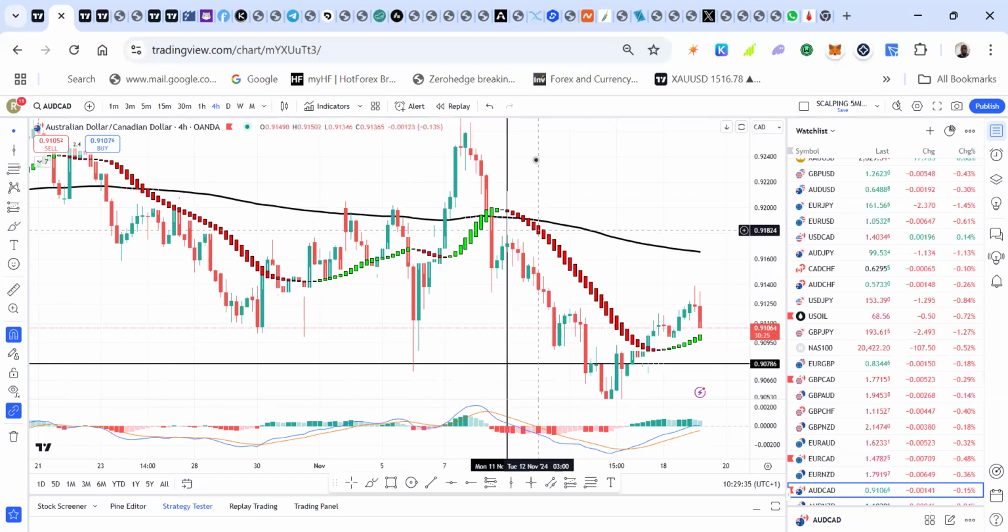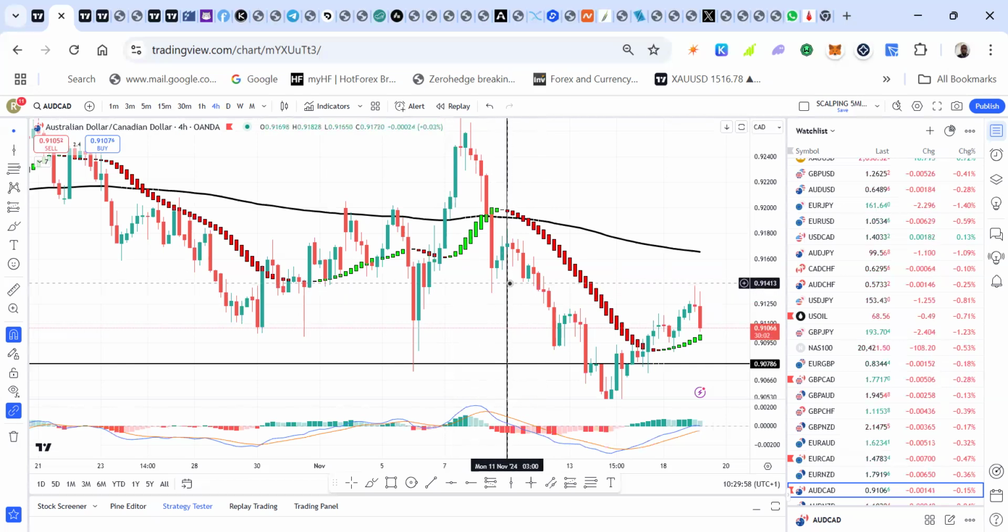Okay, so this was the last green candle, and it already printed red smoothed Heikin-Ashi. Okay, now what are you waiting for? You are waiting for the first red candle that will engulf the last green candle.